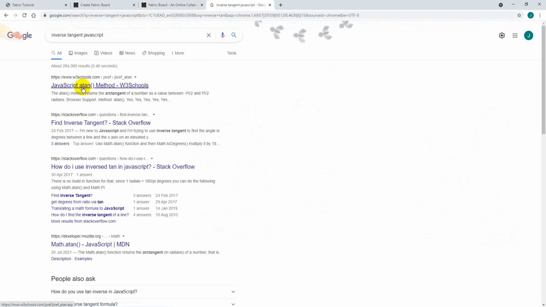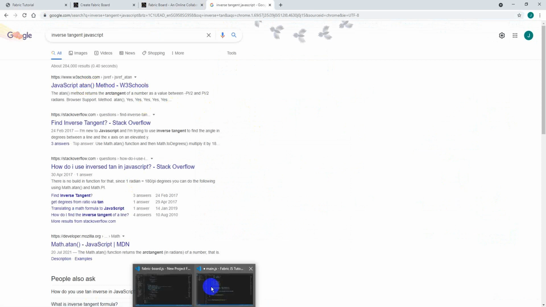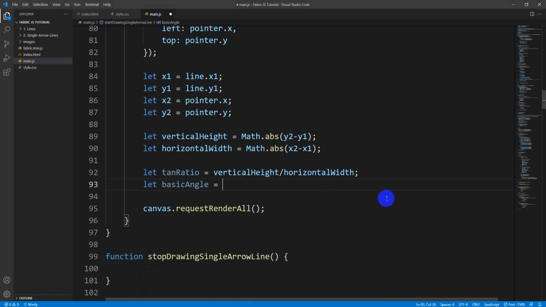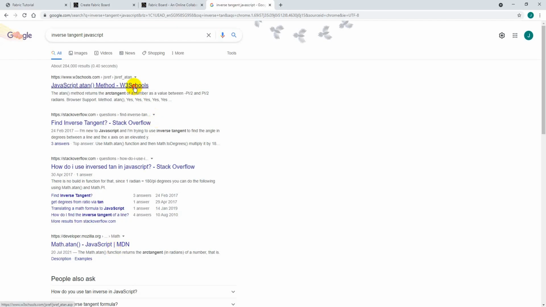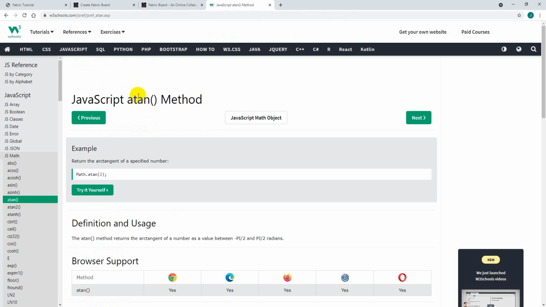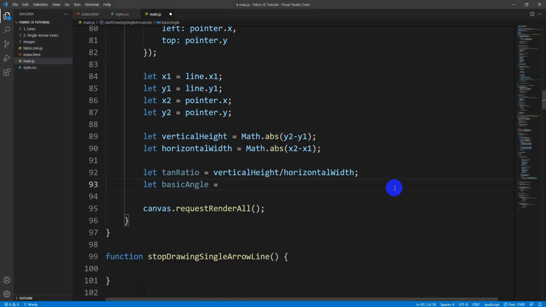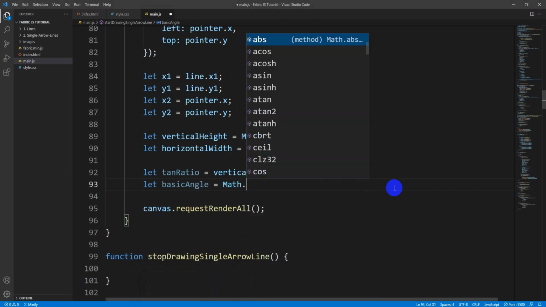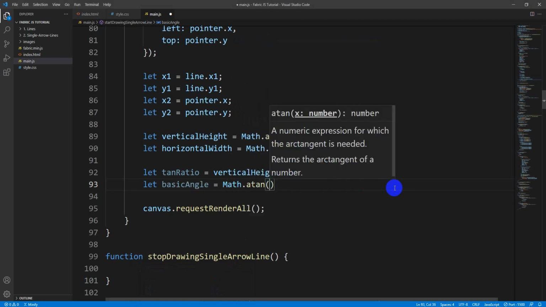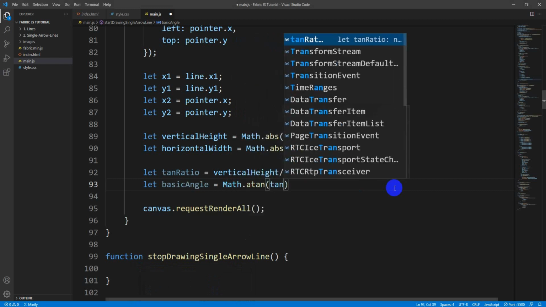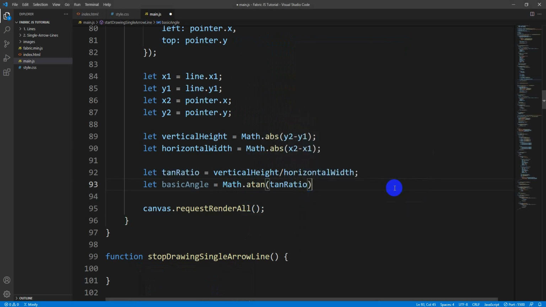So it's atan. Let me check again whether this is correct. Math.atan, and it would be the tangent ratio.